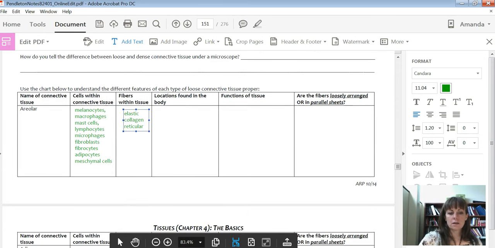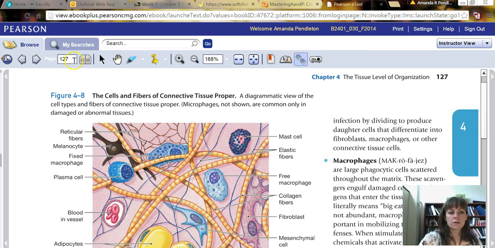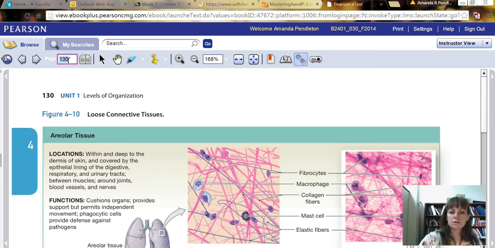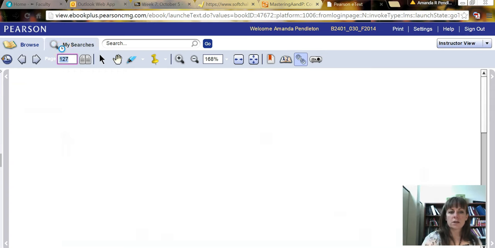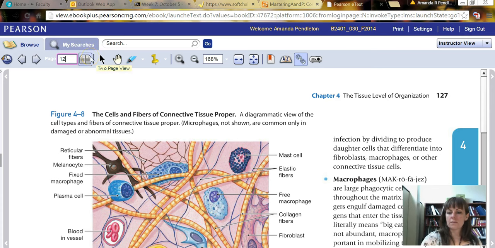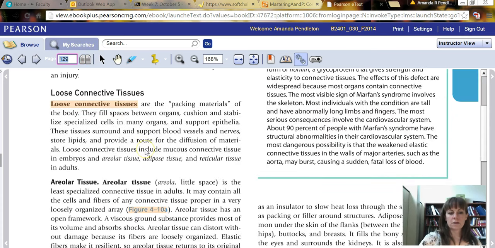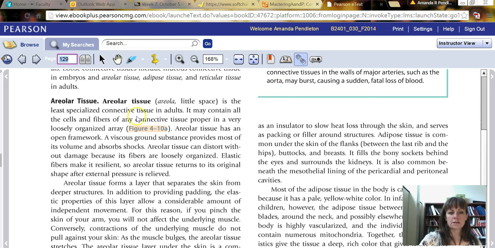Now again, you can go back here to these charts, and this is going to tell you locations, it's going to tell you functions, and you may notice, actually I think it's on 129, here it says it contains fibers in a very loosely organized array.